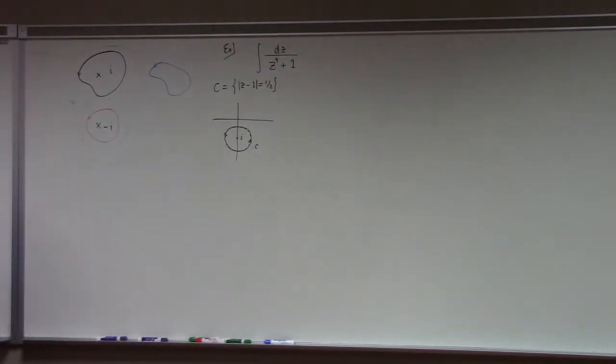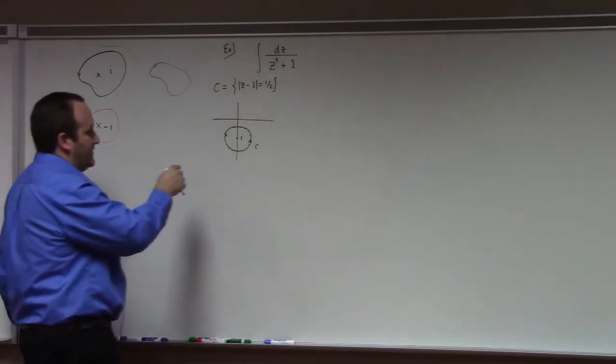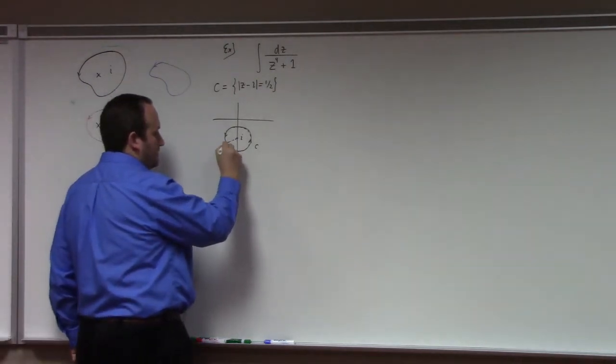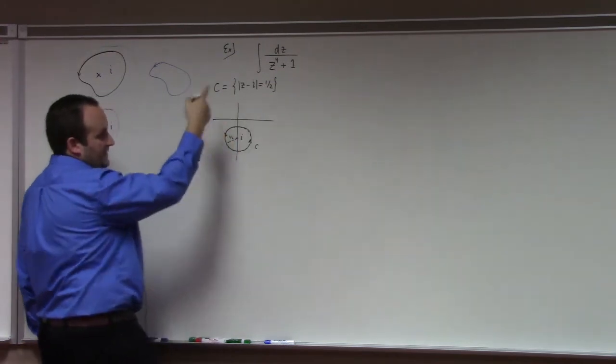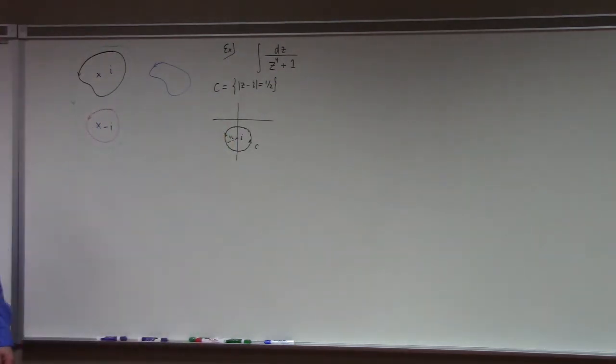Okay, we want to calculate this integral, but we don't want to calculate the integral directly. We want to use Cauchy's integral formula, all right? So the question then is, inside this circle, does that function even have a divergence? Does it have a place where you have division by 0? Is there a singularity of the integrand in there anyway? If there's not a singularity, odds are, if you can write the formula, it's holomorphic.